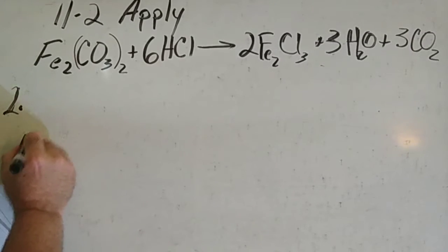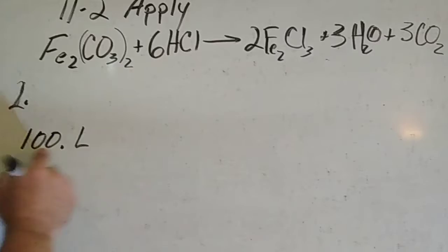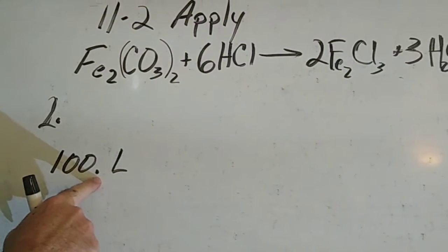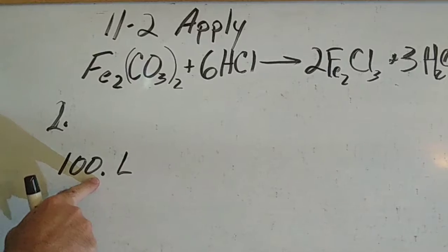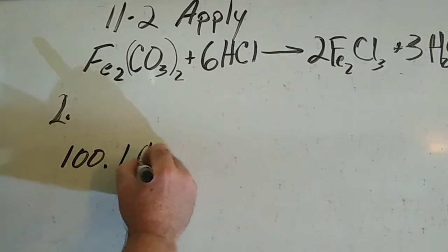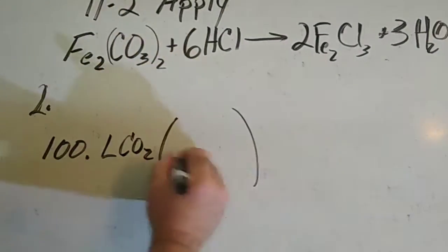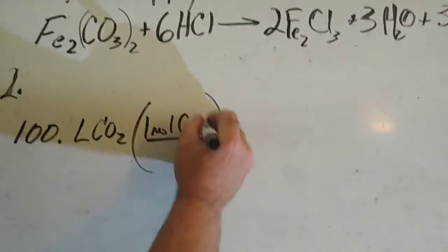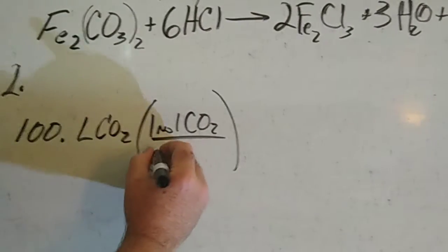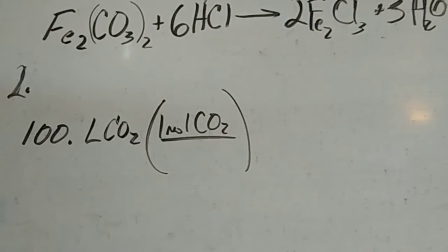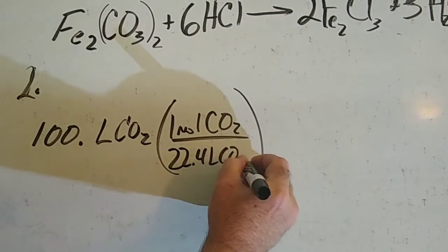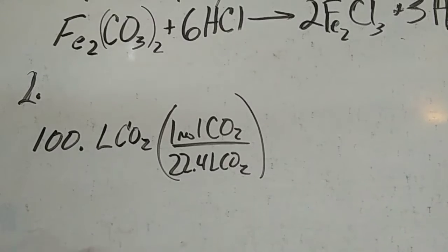So I'm going to just start off with the setup. 100 liters. How many sig figs is that? There's a decimal there. That decimal tells us that this is 3 sig figs exactly. CO2. First conversion is let's turn that into moles of CO2. To turn that into moles of CO2, I know from our mole diagram that there's 22.4 liters of CO2 in every mole of CO2.